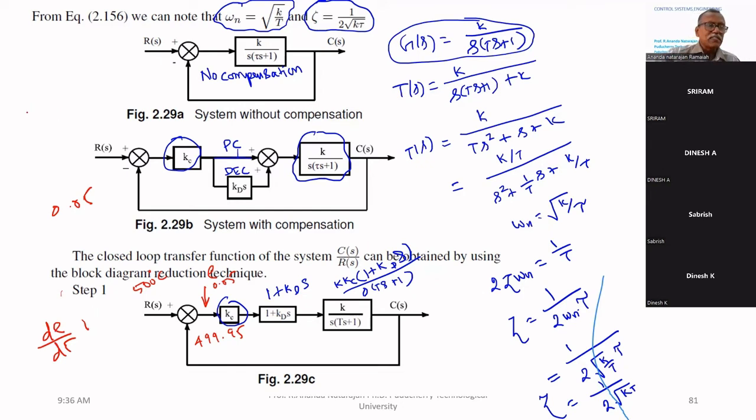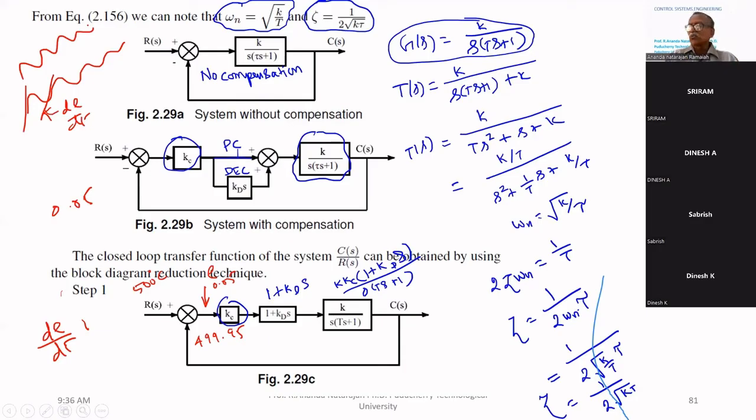Suppose error is varying like this, the slope of this line is d by dt. Noise is also varying like this. That's why it amplifies noise also. It takes the slope of noise also.